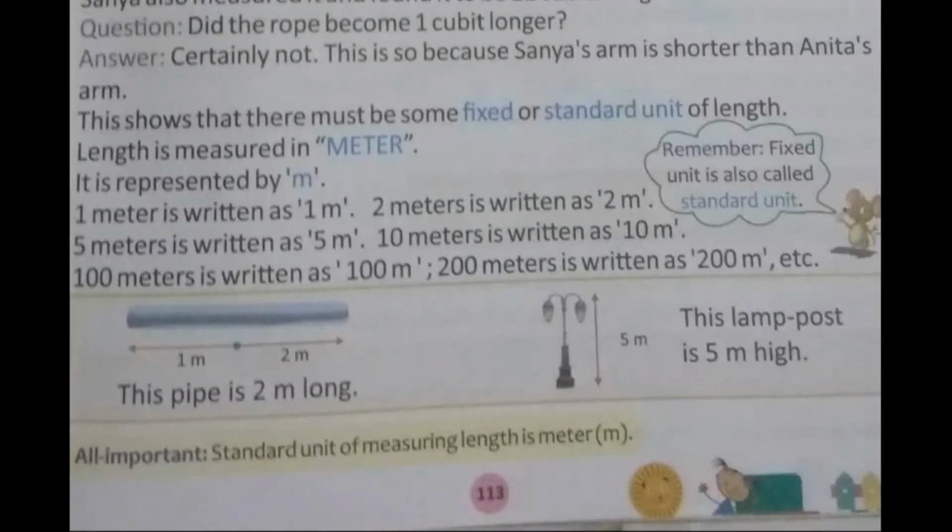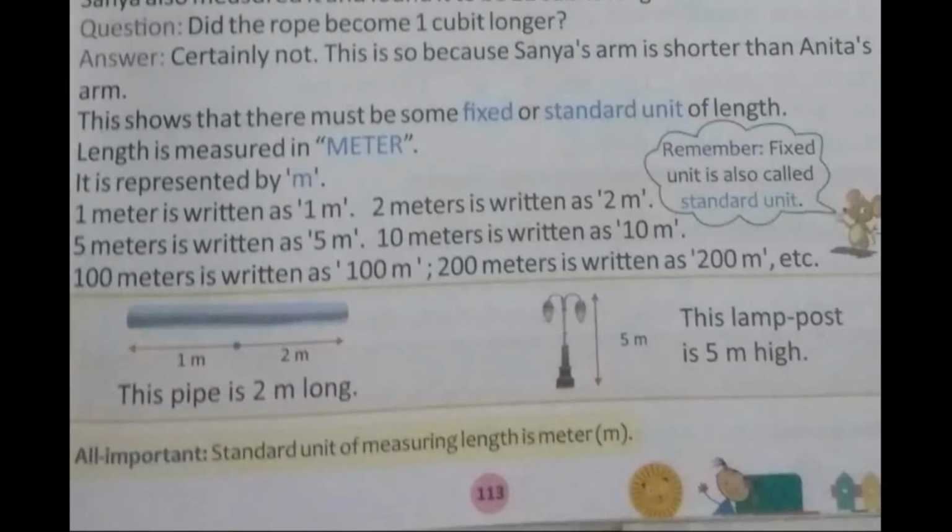Fixed standard units are also called standard units. For example, we'll take meter. We measure the distance, length, lambai by meter. ठीक है? If the things are long, we measure it by meter. Meter is represented by m.